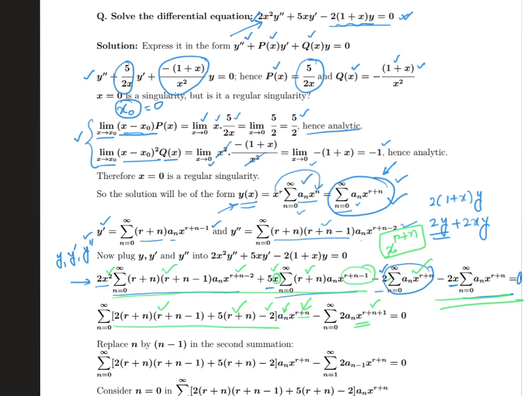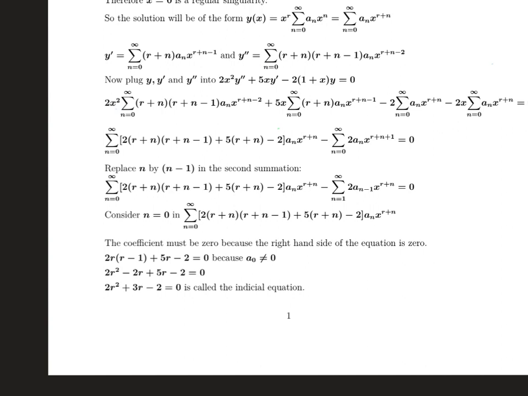The reason that we are doing it is to make sure that both summations have the same exponent or power for x, so that we can combine the summations and compare the coefficients of x on the left to the coefficients of x on the right for the corresponding power of x.